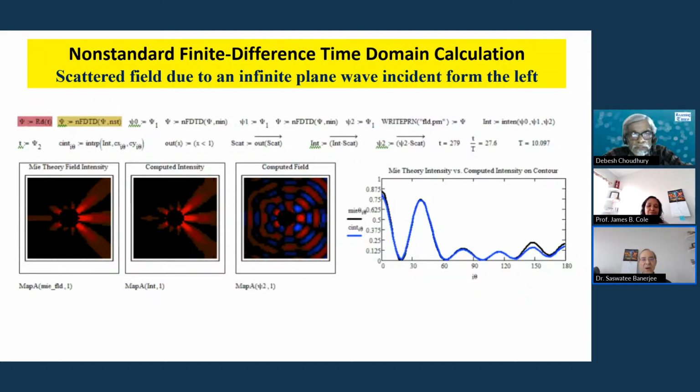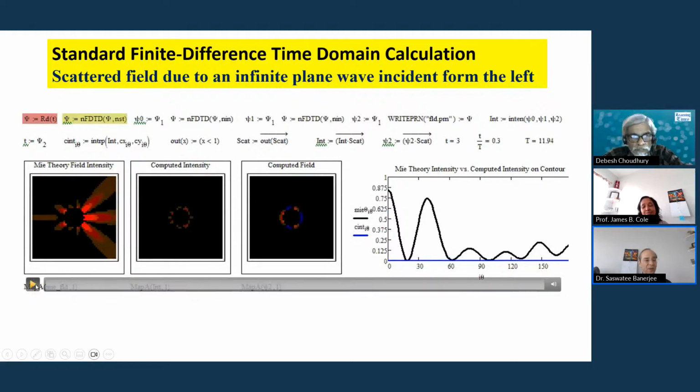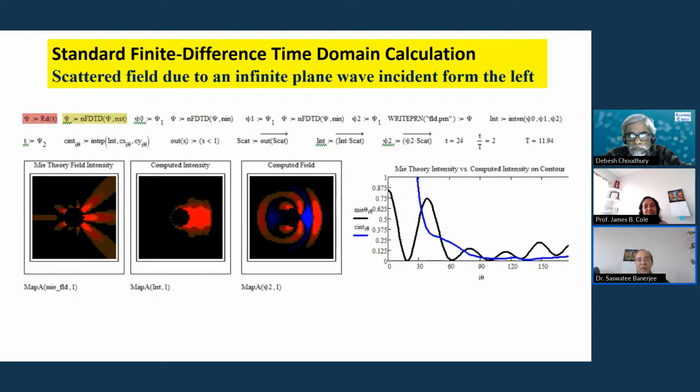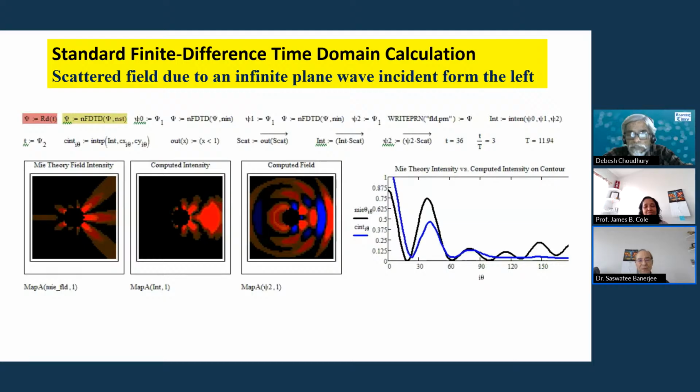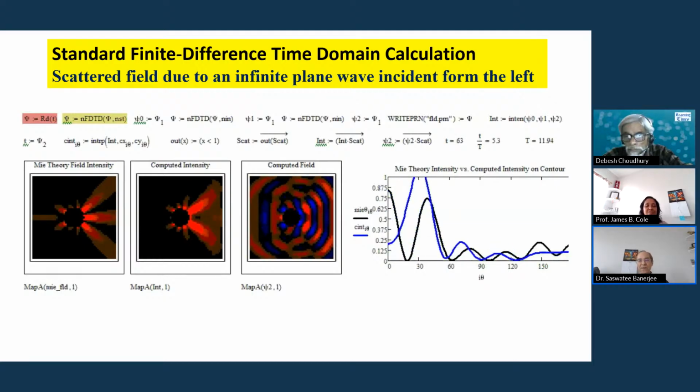Okay. Now, we don't need to watch this till the end, but you can. So here is the scattered field in the standard finite difference method. As you can see, it gives you a very bad result.